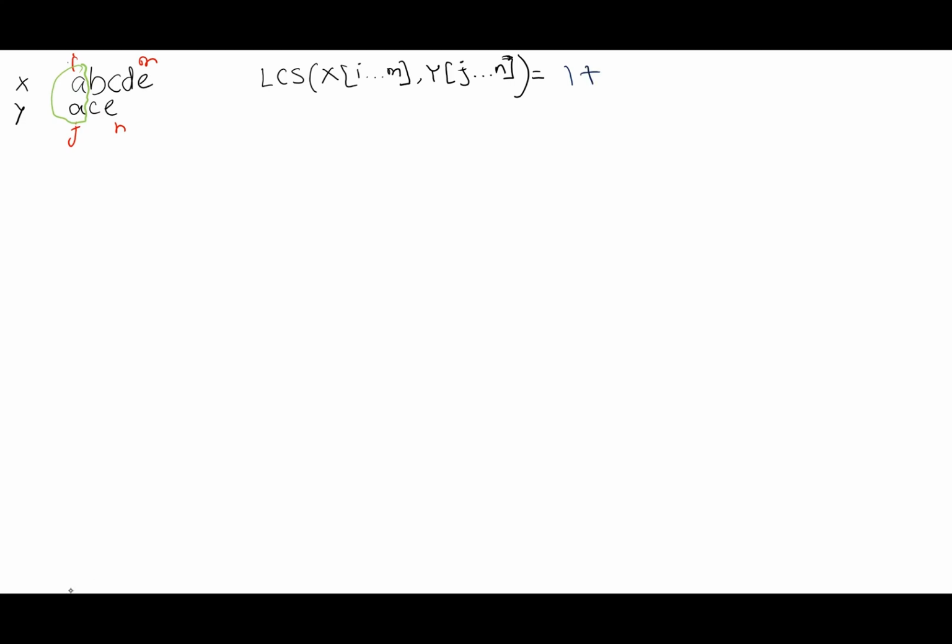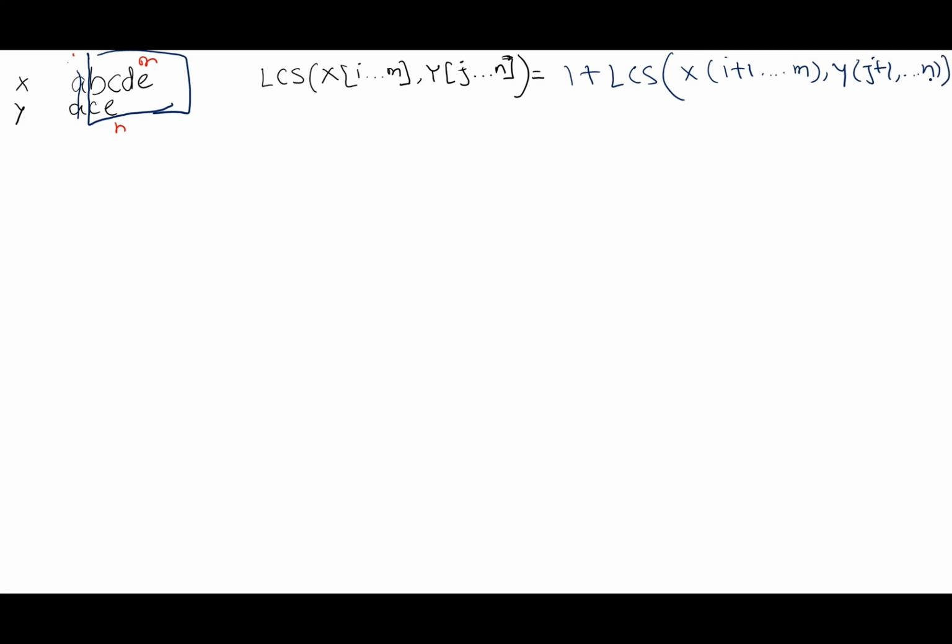plus? Now this problem can be reduced to, if we leave this, can we say that this problem can now be solved with a smaller problem? We just want to find the longest common subsequence of x starting from i plus 1 to m, and y starting from j plus 1 to n.